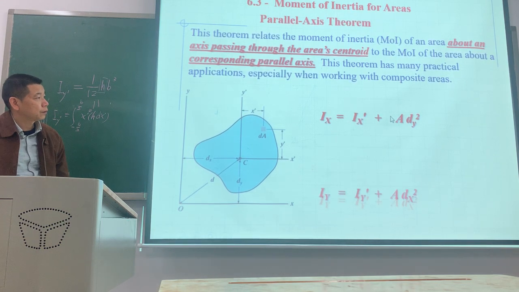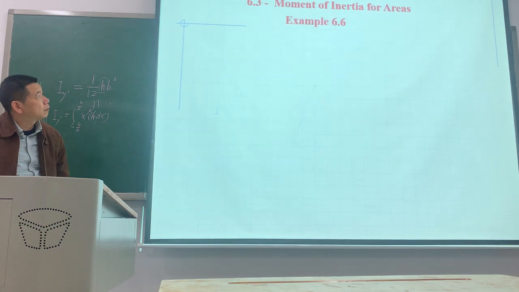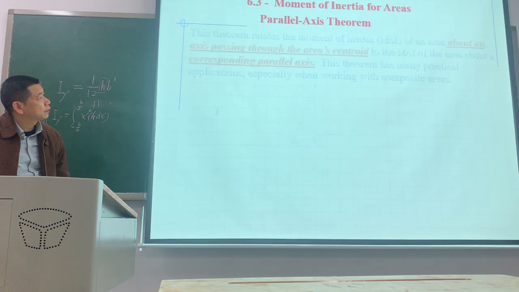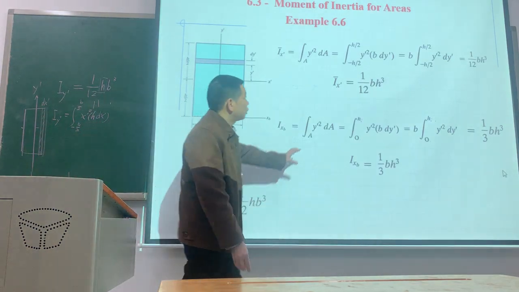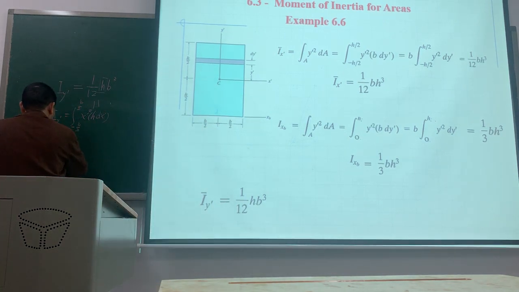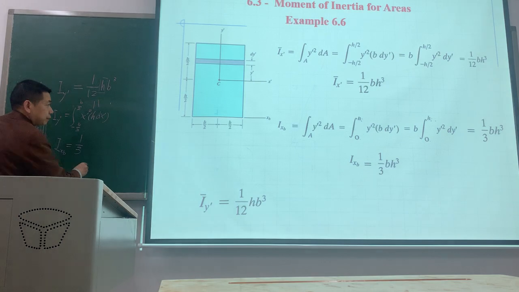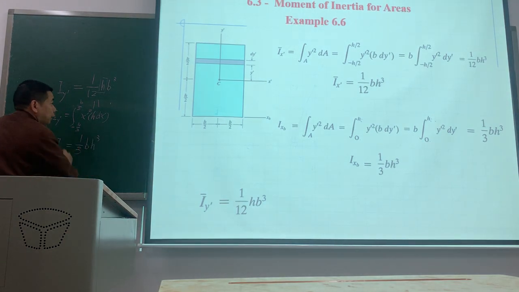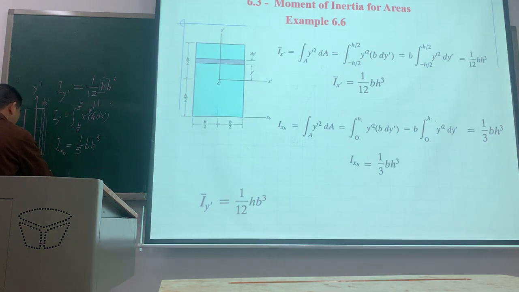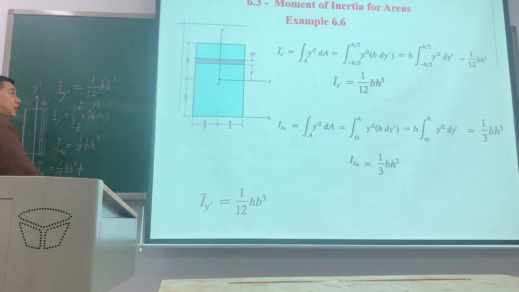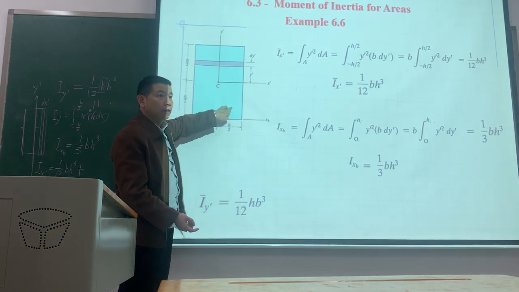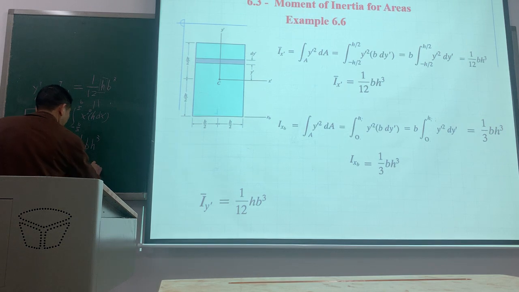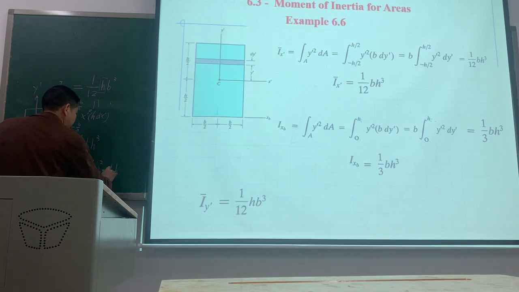As an example, Ix prime is b h cubed over 12, plus the distance, which is half h, squared, times the area.